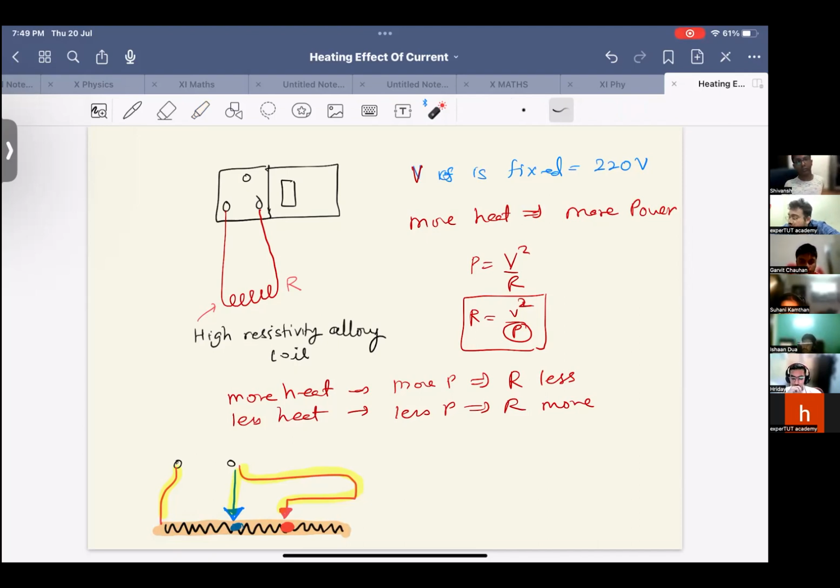And when you connect to the orange point, the resistance is this much. Because the resistance is rho L by A, resistance is proportional to length. In which case is resistance more? Orange, the longer path, when you connect to the orange path.